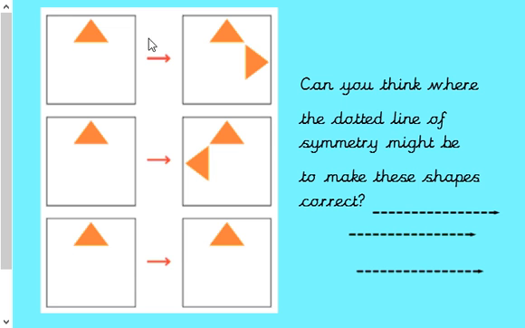Okay, we'll look at the first shape up here first. And I'm going to have to try and move this shape up to here. Okay, so you can see that for the first shape, the mirror line is diagonal, and there's an exact reflection across that mirror line.